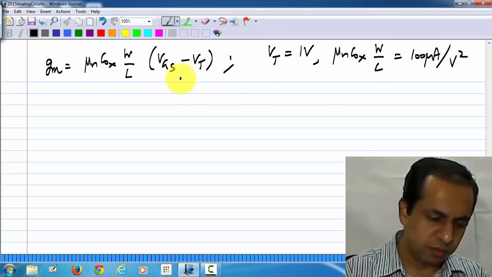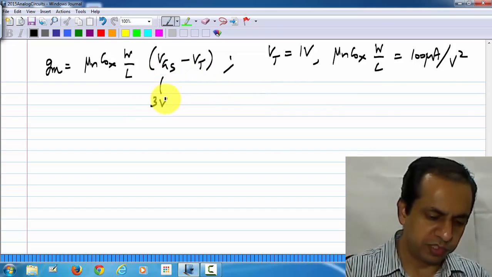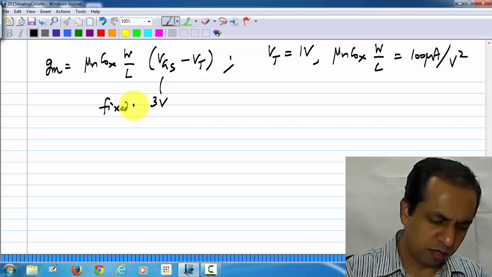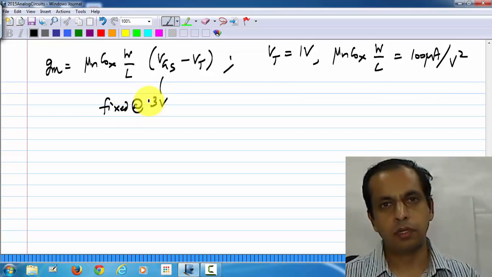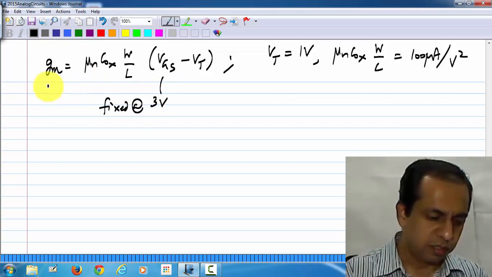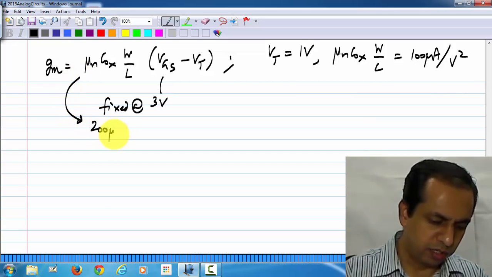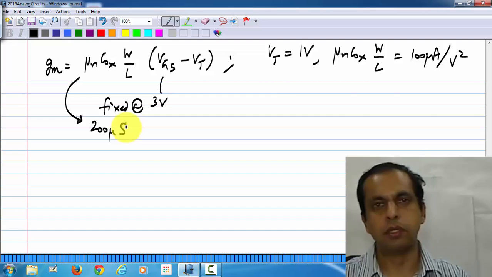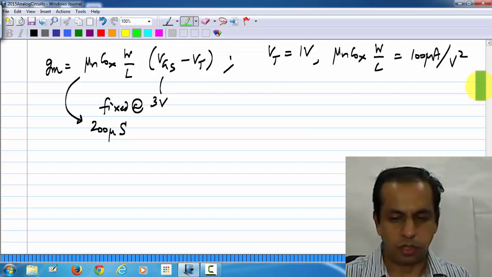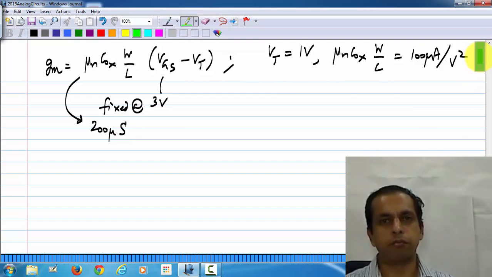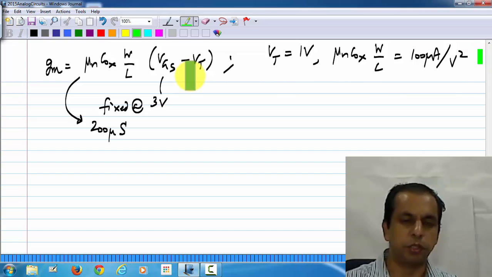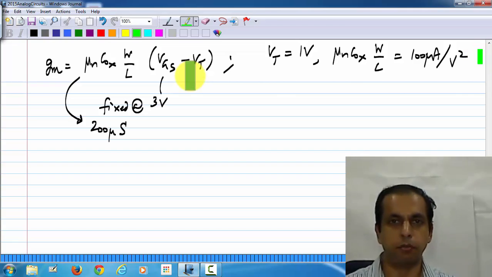Now, in our circuit, this is fixed at 3 volts. So clearly, if you calculate this, this will come out to be 200 microsiemens, which is what we wanted. Now it turns out the threshold voltage of a transistor can vary considerably.